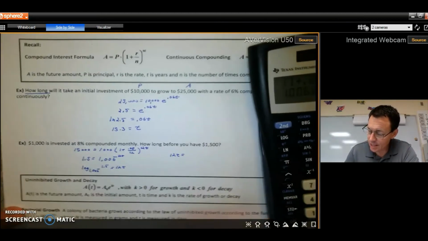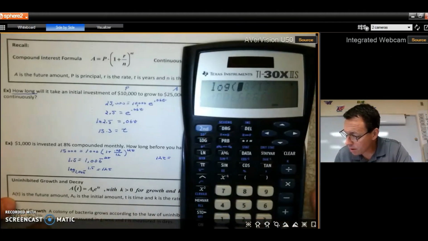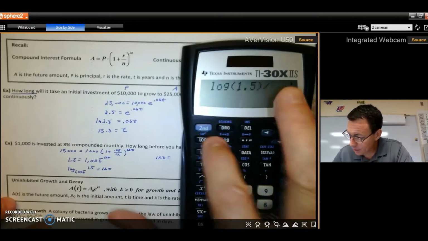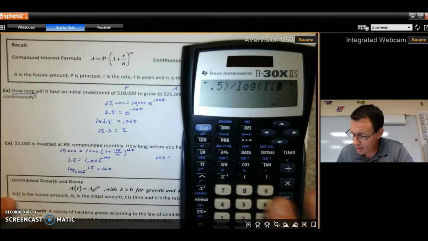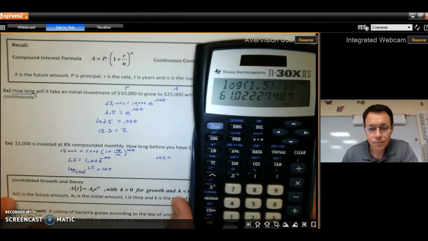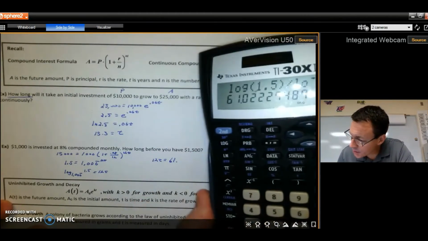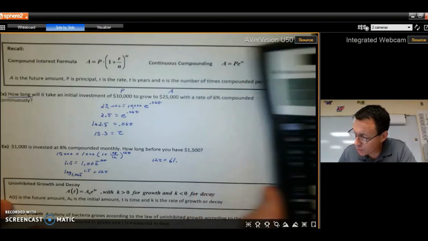12t is equal to the log of 1.5 divided by the log of 1.00, and then it was just a bunch of 6s. So I'm going to get 61 point, what was that? 0.223.